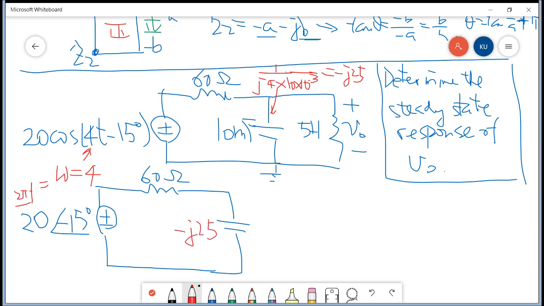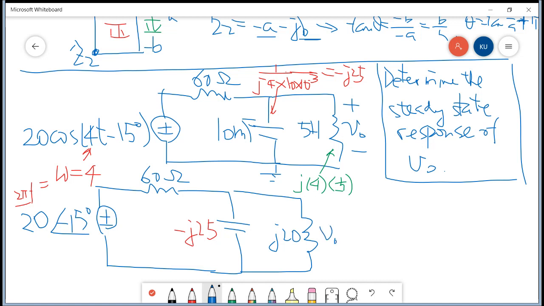And for the inductor, here it is j omega L, j times 4 times 5. So j omega L, and in this case this should be j20, and this is the phasor for the V out.